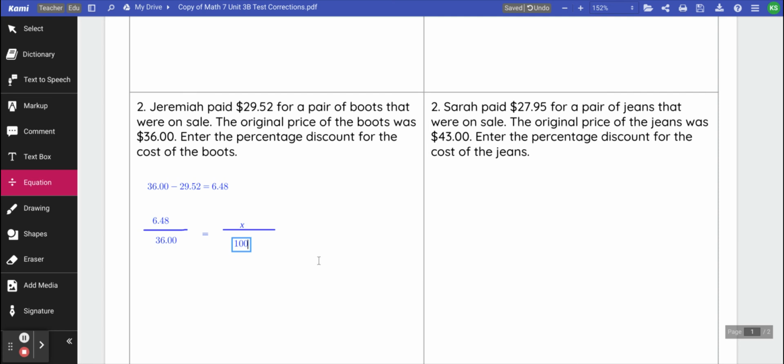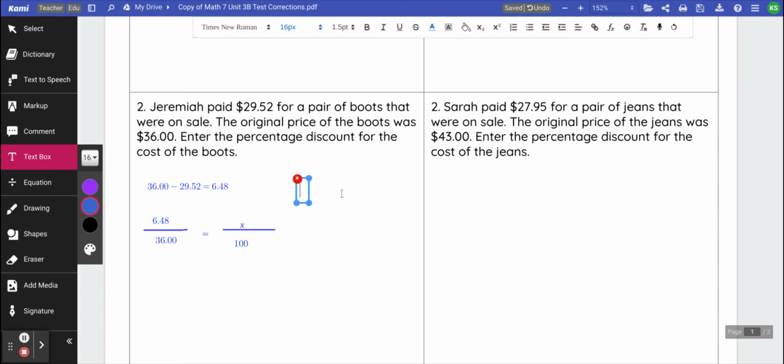Now I have to do my cross multiplication. I'm going to put that in a text box over here because it's way easier. So I'm going to cross multiply: 36 times x is equal to 6.48 times 100.